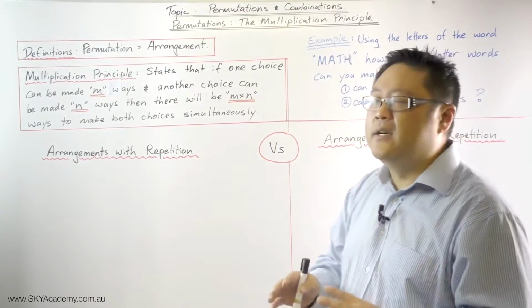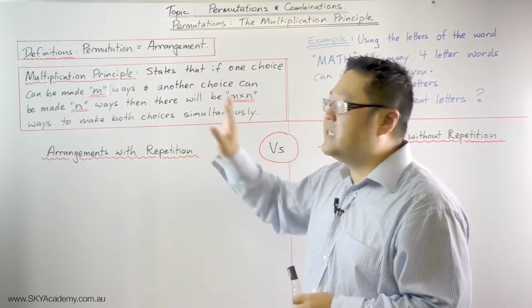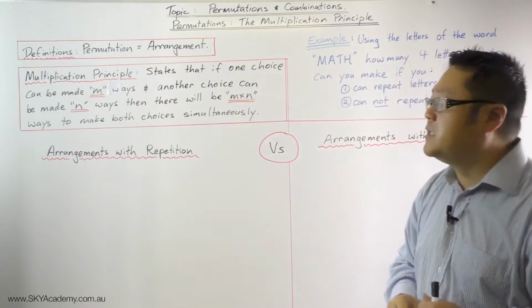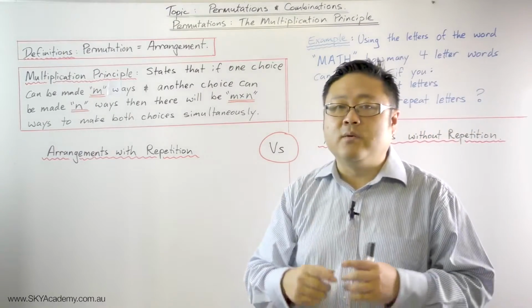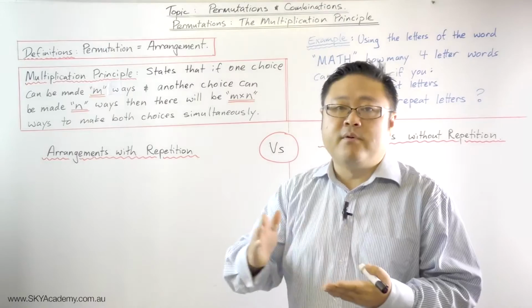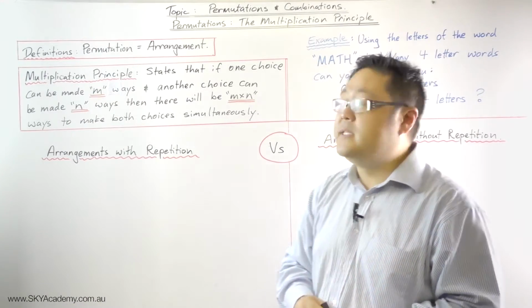All right, cool. So with that said, let's have a look at the multiplication principle and what it says, because this is going to really help us to calculate the number of arrangements there are for a particular set.